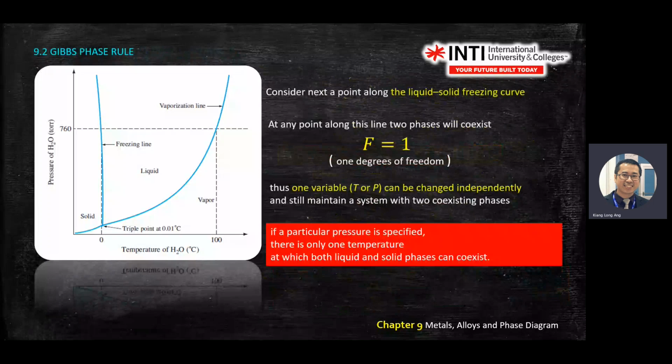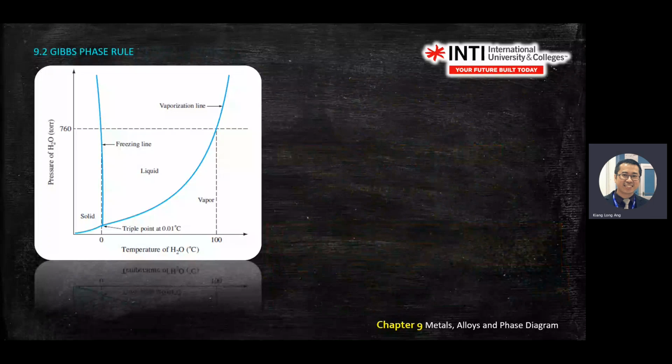If you fix the pressure, then there's only one temperature that you can use if you want to work on this line. If you're given temperature, there's only one pressure that you can use to get this solid-liquid freezing line. So we are looking at water now. It will be more complex when we move into metals later.